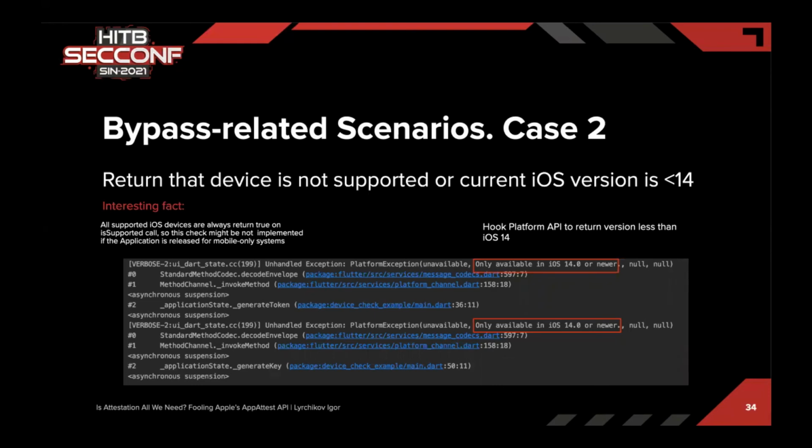You know, many developers are not ready to drop all users who are using devices below iOS 14 yet, and it may take a few more years to make AppAttest API usage mandatory on their side.